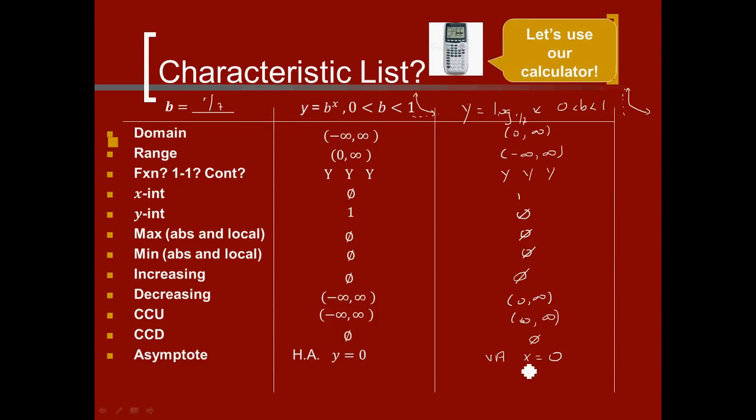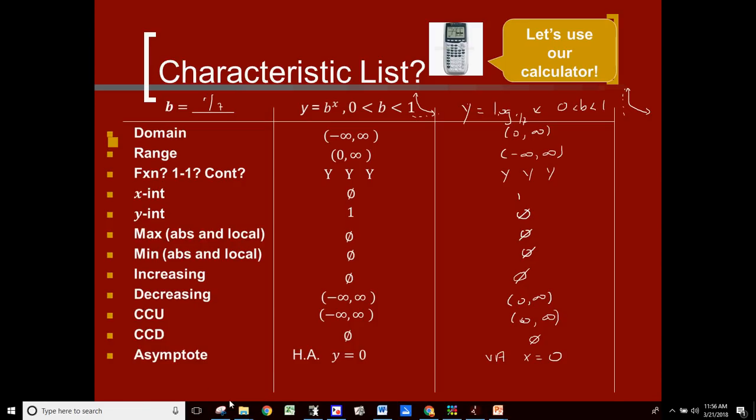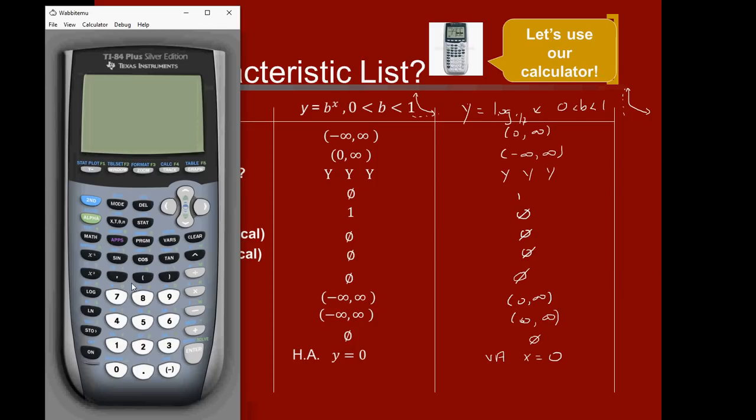Again, if you want to look at this on your calculator, I'm just changing my base to 1/7.